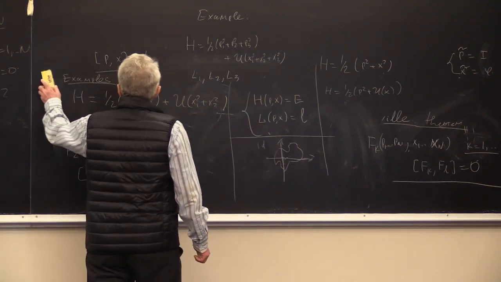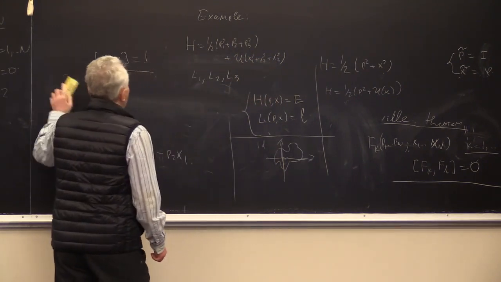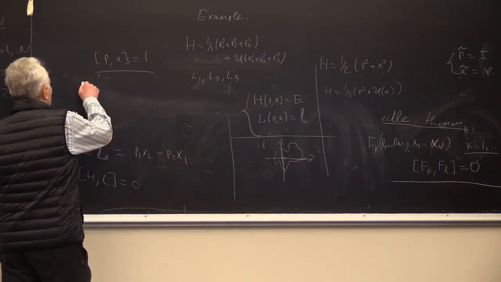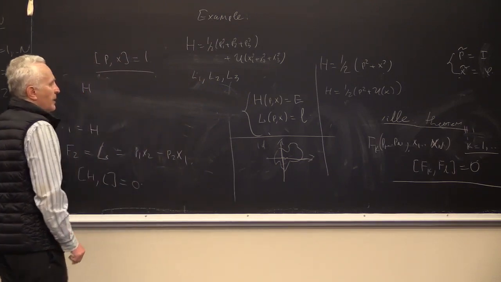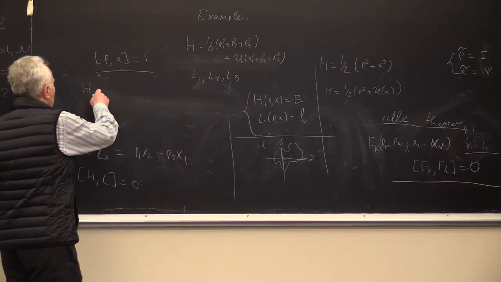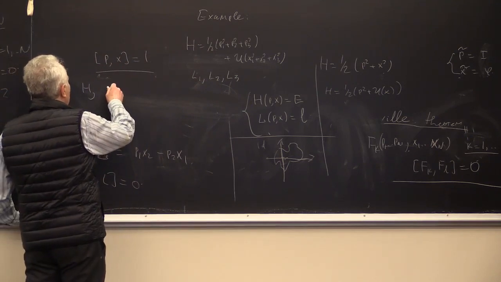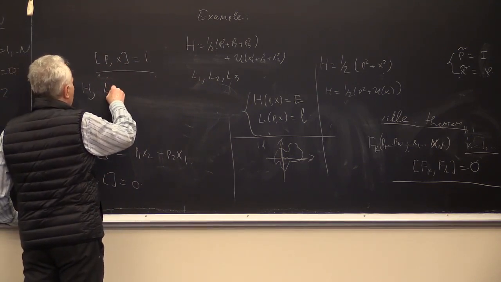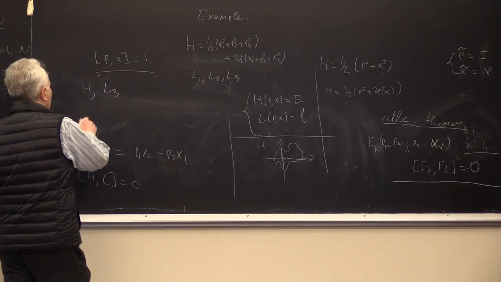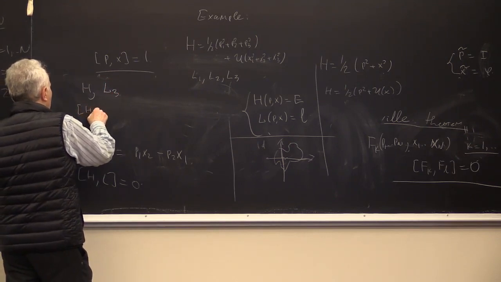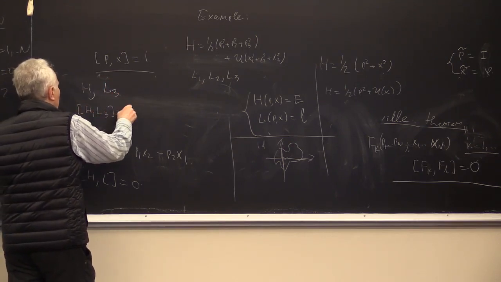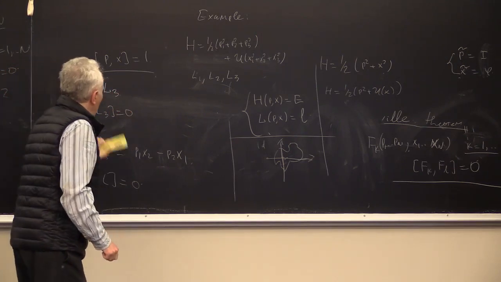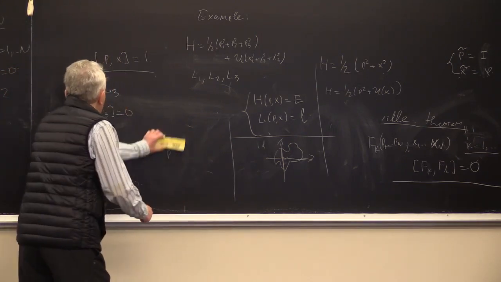So we need to do the following. We have h. This is one conserved quantity. We have, say, L3, which commutes with h. And we need something more.